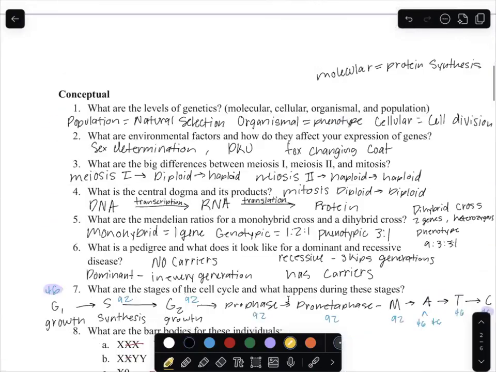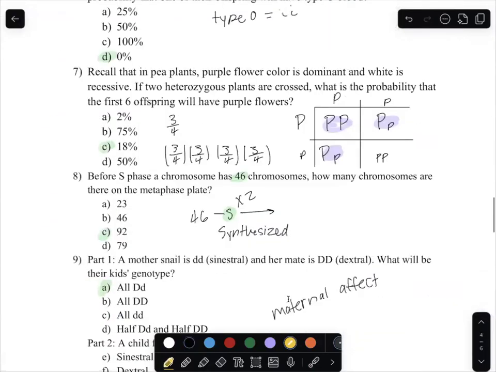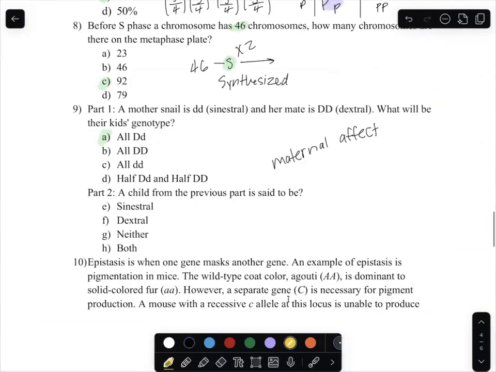So the genotype of the mother is sinistral. So that means the phenotype of the kid will be sinistral. Because the genotype of the mother is sinistral, so the child will be sinistral.